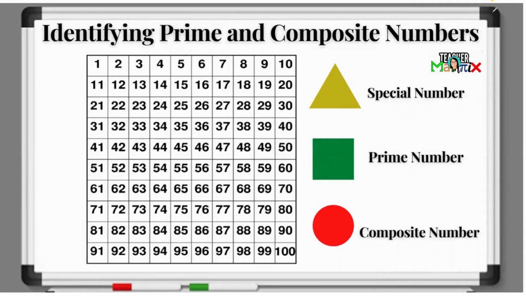We have now a number chart from 1 to 100. This time, we will identify prime and composite numbers, including special number. Let's start with the only special number, which is 1.